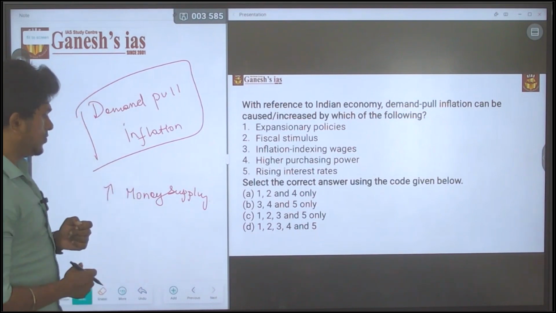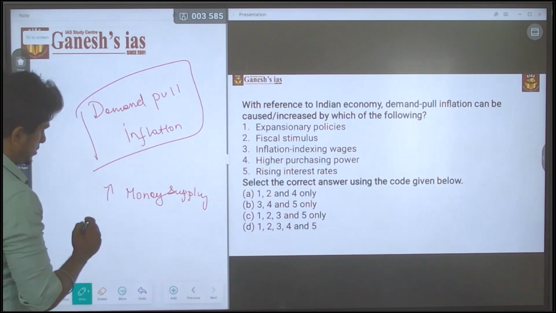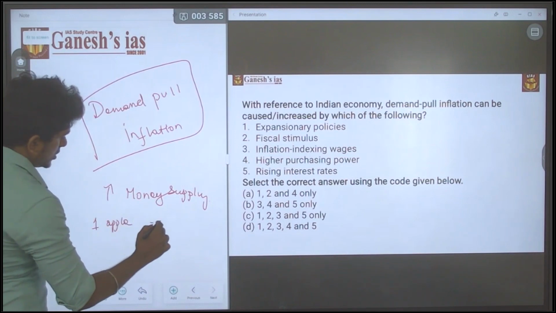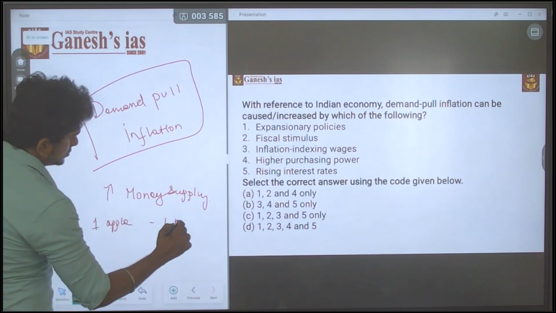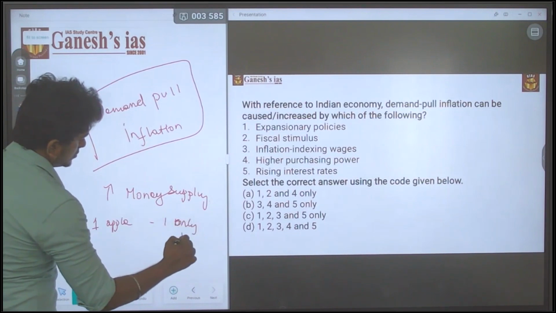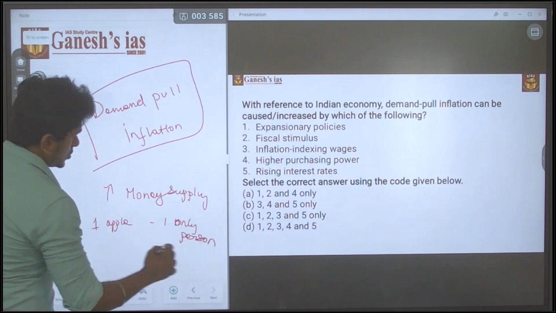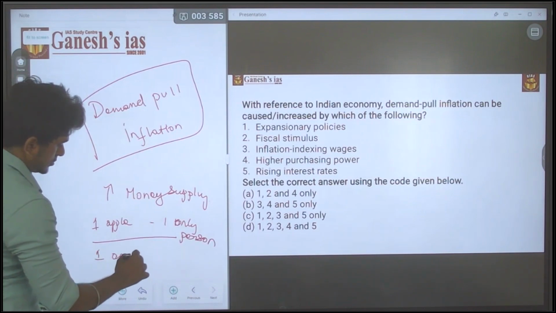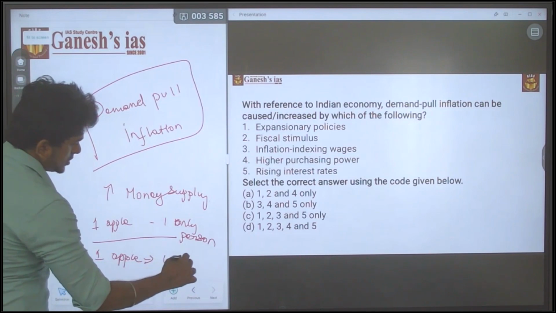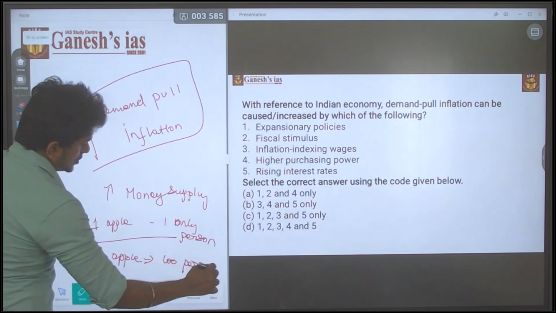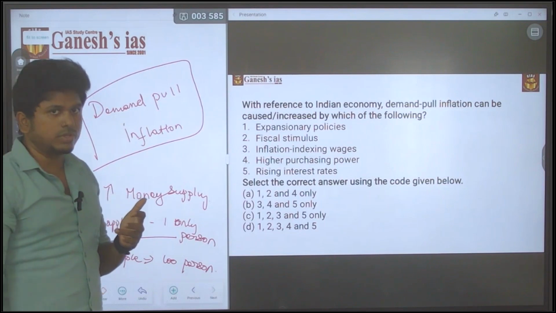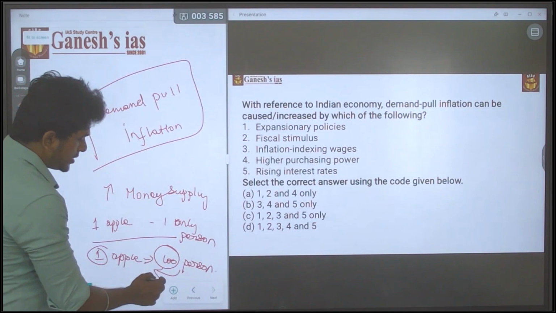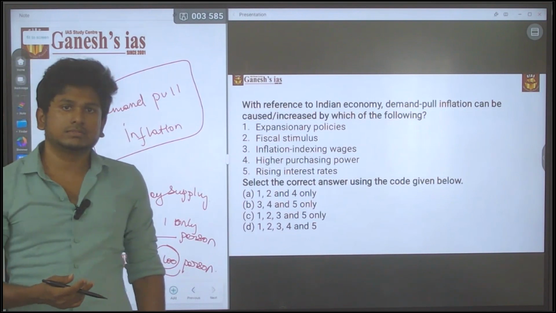For easy understanding, suppose there is only one apple, and there are 100 people who want it. Everyone fights for this one apple, so they will be ready to buy the apple even if the price is higher.